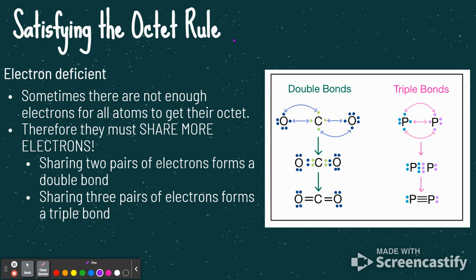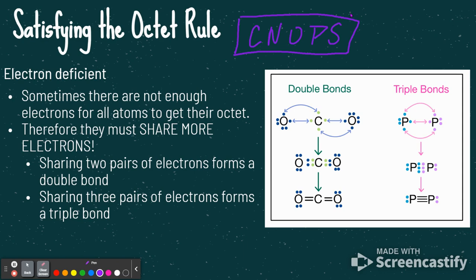And I want you to make a little side note, okay? Somewhere on your page, there's 5 elements that can double and triple bond, and it's carbon, nitrogen, oxygen, phosphorus, and sulfur, okay? These are actually the only 5 elements that can double and triple bond with each other. They can't double bond with anything else.